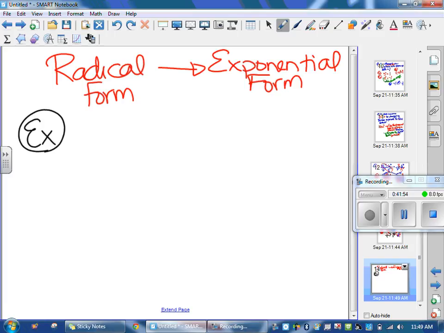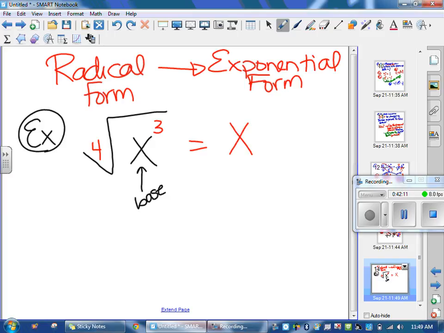If I start with the 4th root of x cubed, I write my base. What does your fraction exponent look like? It's going to be a fraction. Who goes on top? 3. Who goes to the bottom? 4. All done.